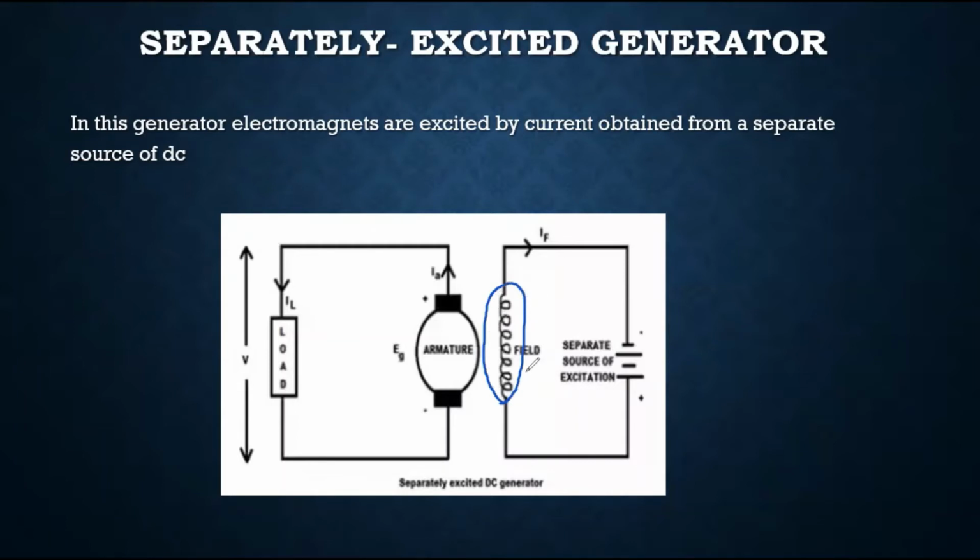So the magnetic field is created and our armature is placed in the magnetic field. This is a way by which we can create a magnetic field in our generator, and this is called a separately excited generator. So in a separately excited generator, we feed the charges from a separate source.